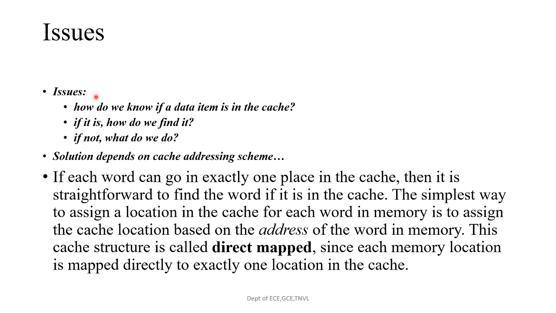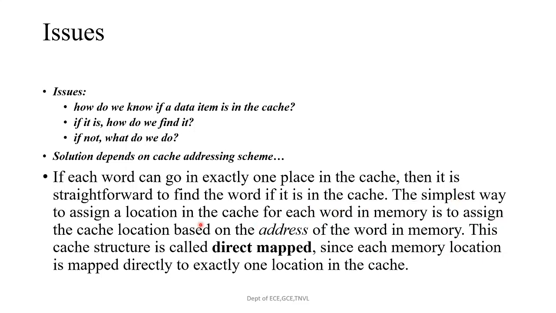So these are the issues. How do we know if a data item is in the cache? If it is, how do we find it? If not, what do we do? The solution depends on the cache addressing scheme. If each word can go in exactly one place in the cache, then it is straightforward to find the word if it is in the cache.